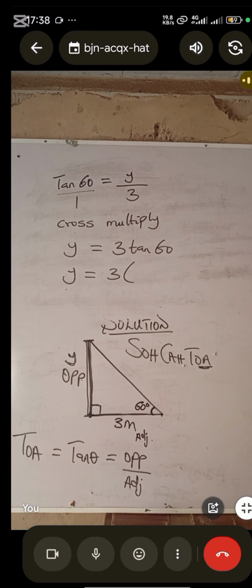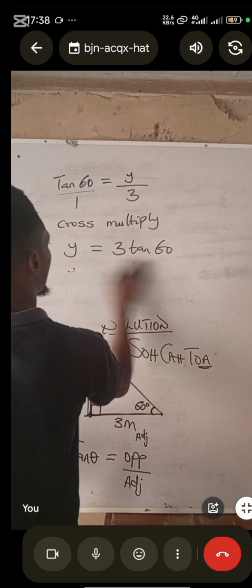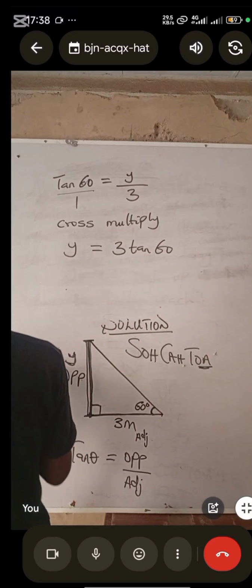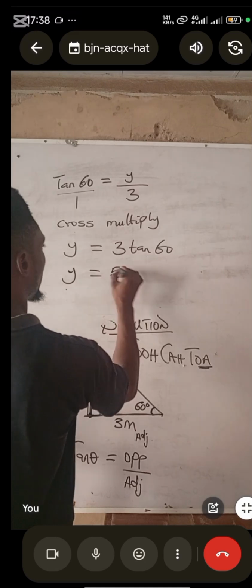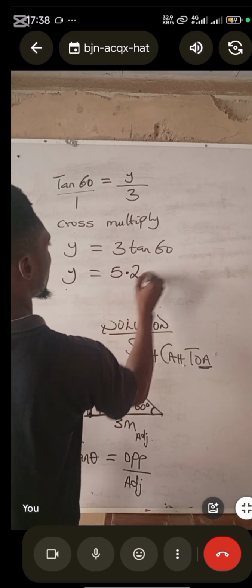Okay, 5.2. Okay, that's the final answer. You have already done the final answer. Alright, that's good. That is y equal to 3 times tan 60 will give us 5.2 meters.